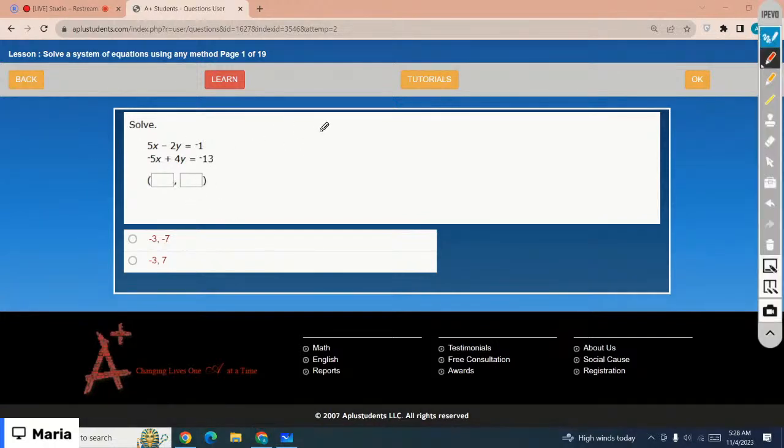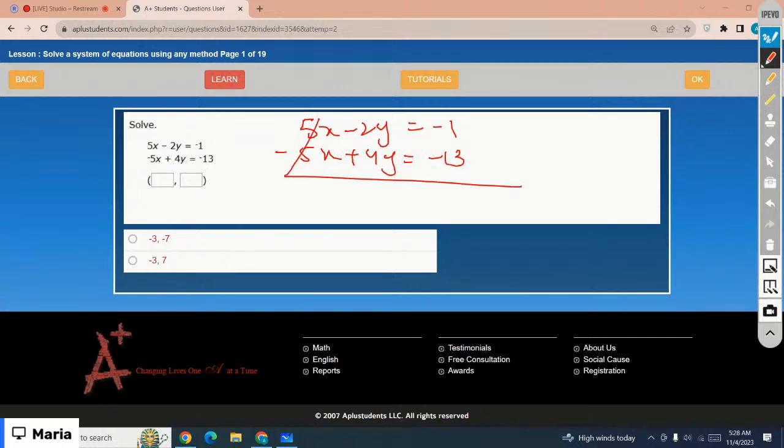Just add both the equations, right? 5x minus 2y equals negative 1, and negative 5x plus 4y equals negative 13, right? 5 minus 5 is 0. 4 minus 2 is 2y, negative 13 minus 1 equals negative 14, right? Divide both sides by 2, so that would be y equals negative 7. Got it? Now you have the value of y. You can put y in any equation and calculate the value of x.